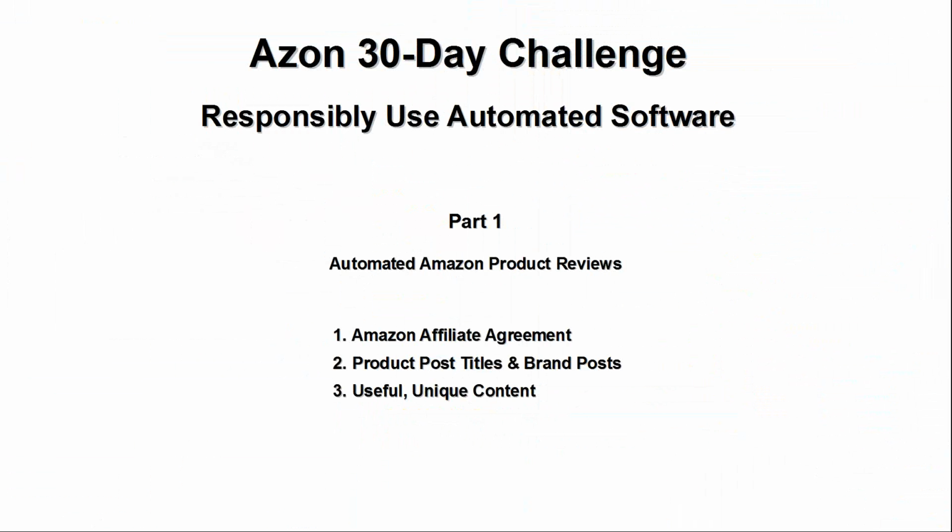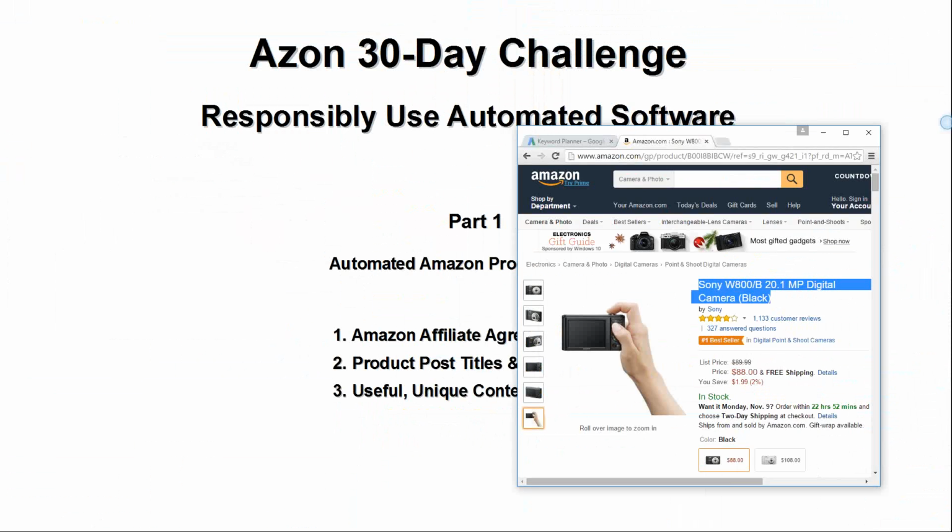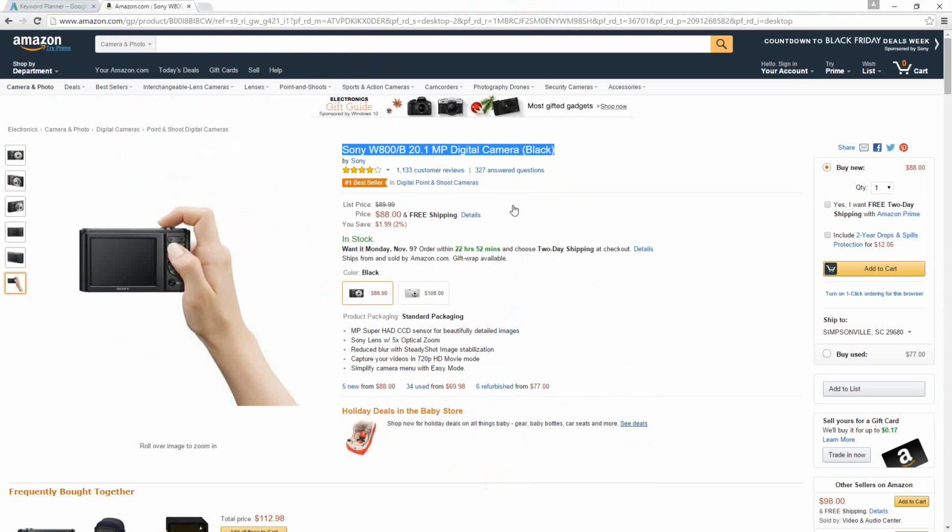Well, when you have a page on your website that is titled after an Amazon product, and then all the content on that page is also the same content that is found on the Amazon page, except it's actually going to be a lot less content than what Amazon has to offer.